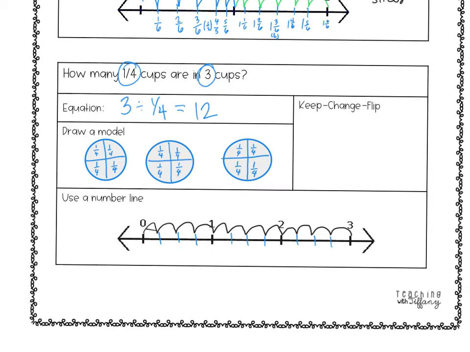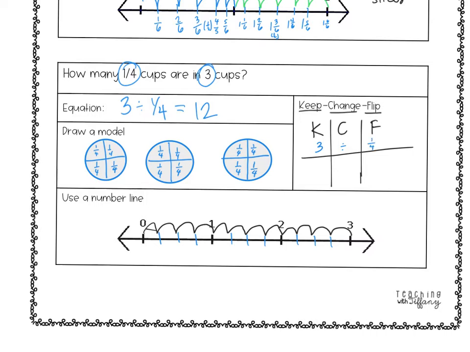And now let's solve this using our algorithm. Remember, we have to use the words keep, change, flip, and anytime we have a division of fractions problem, we need to write K, C, F above our problem. Then we're going to take that and we're just going to fill it in. We have 3 divided by 1/4.